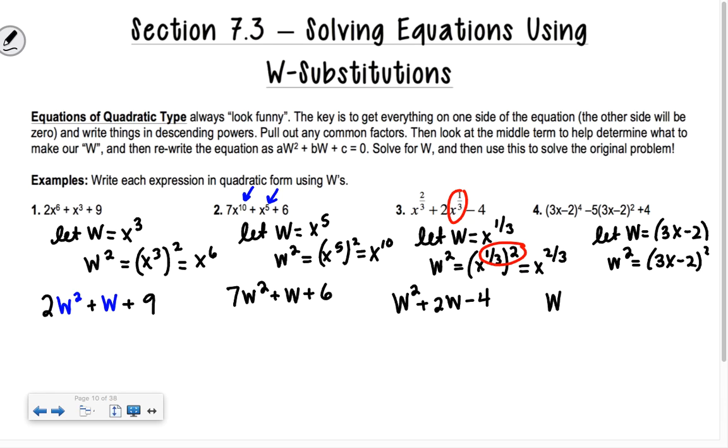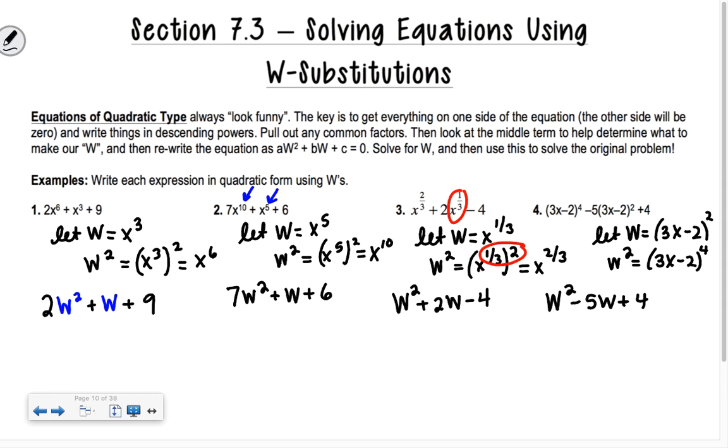So w equals (3x minus 2) to the 2nd, because I want to square it and get that first item. Instead of squared here, I want it to be to the 4th. So now when I replace, I get w squared minus 5w plus 4. And that is now an equation of quadratic type.